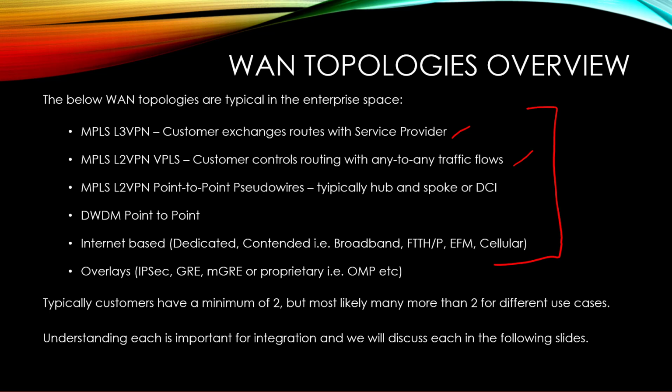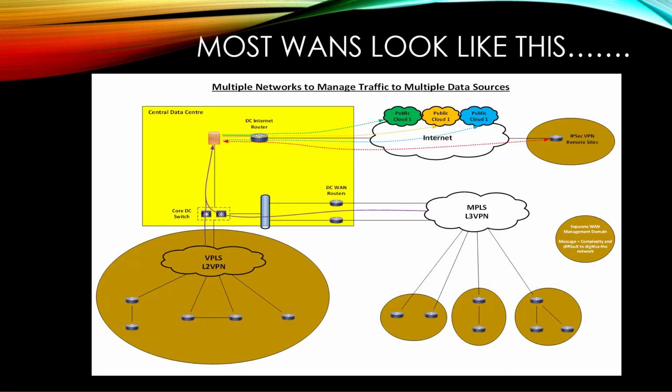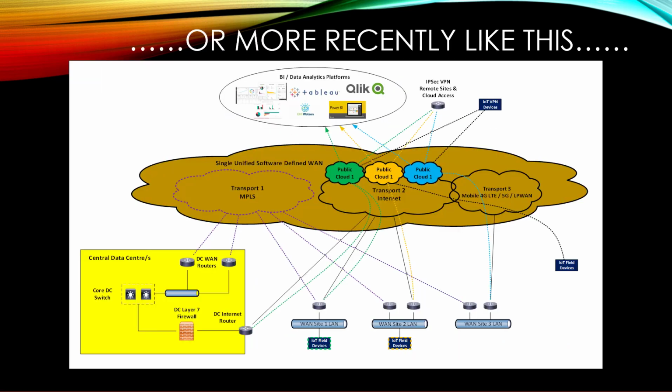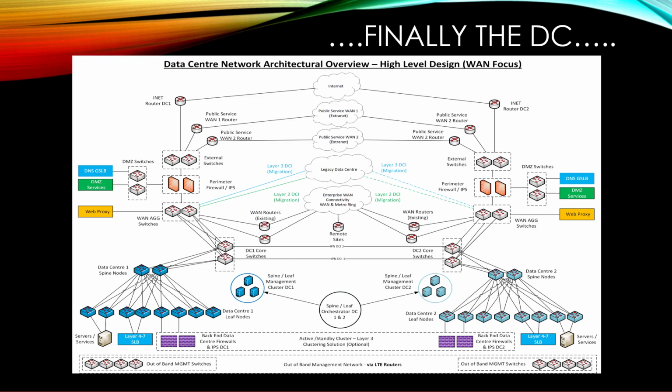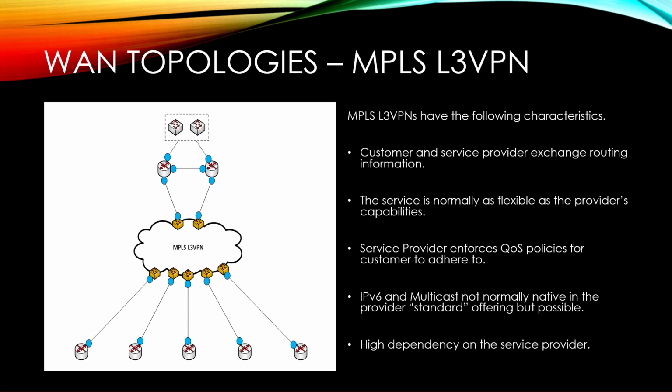After these are explained at a very high level, we will look at what some wide area networks might look like from an architectural perspective, including within the data center, and then we will move into each technology and WAN topology one by one, explaining the roles, responsibilities and capabilities in an enterprise wide area network.